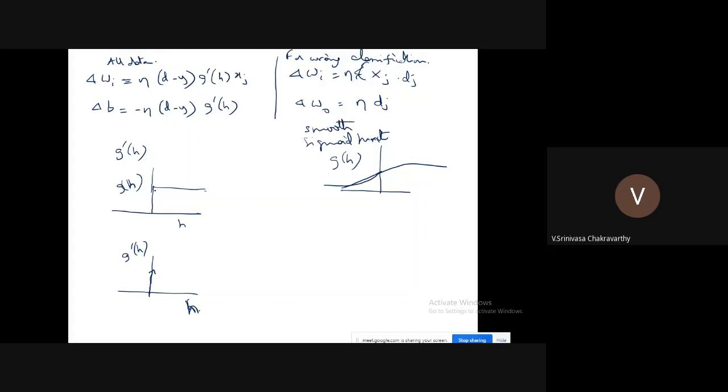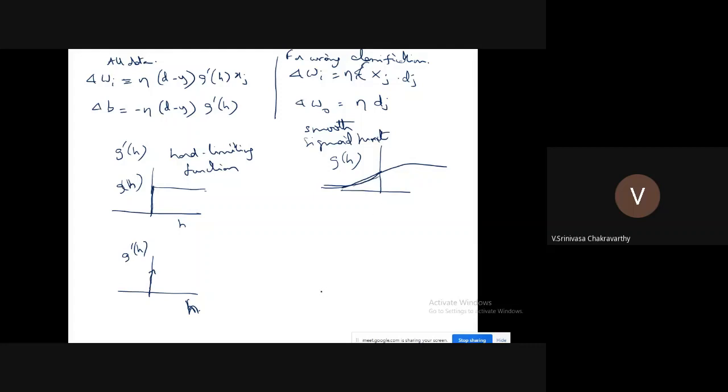And when you have a function like the step, this is called a hard limiting function, where there's a discontinuity right at the origin. In this case, this discontinuity is removed by using a smooth function.